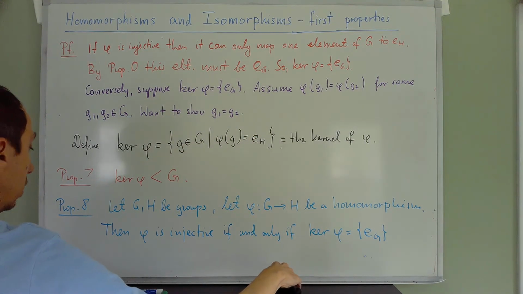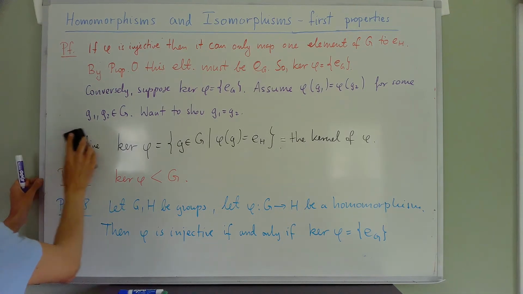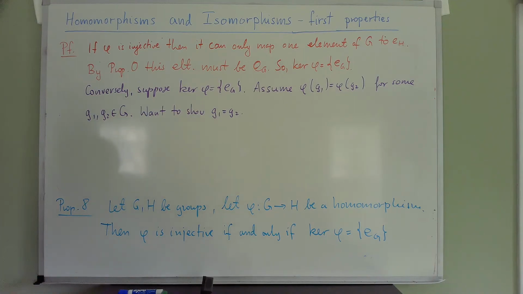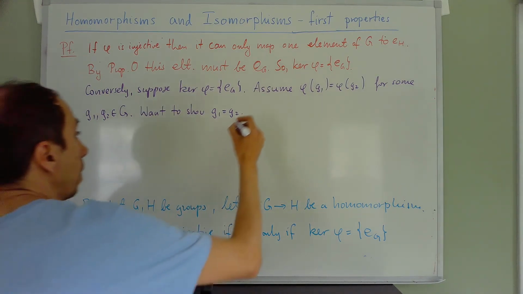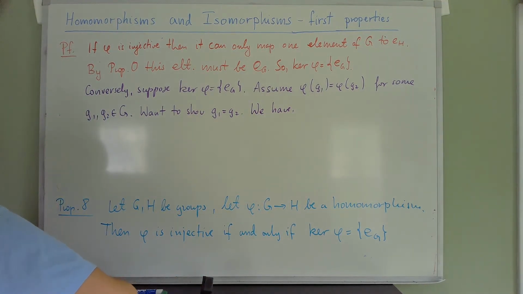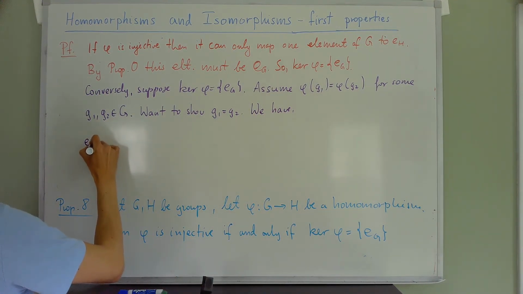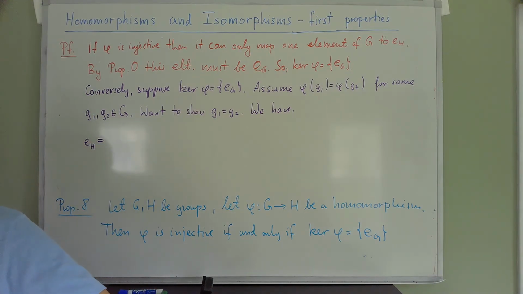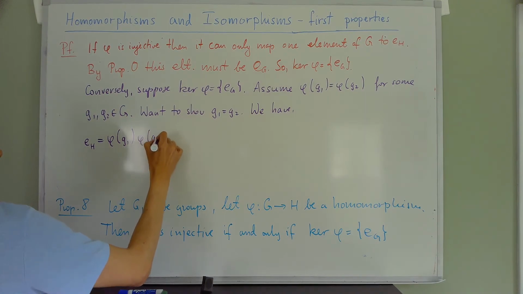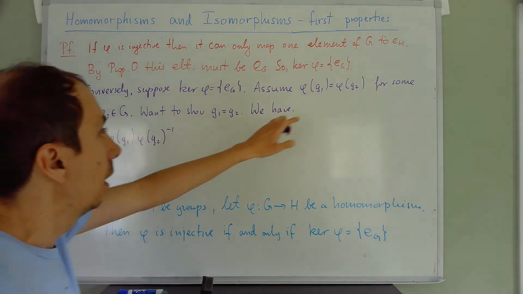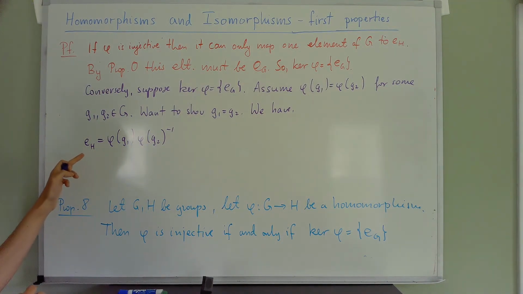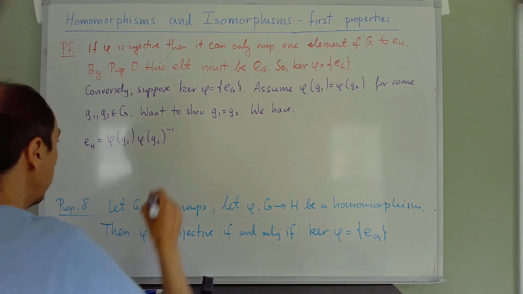How are we going to do that? So we have this. The identity in H is equal to phi of G1 times phi of G2 inverse, right? If phi of G1 is equal to phi of G2, then phi of G1 times phi of G2 inverse is equal to the identity.